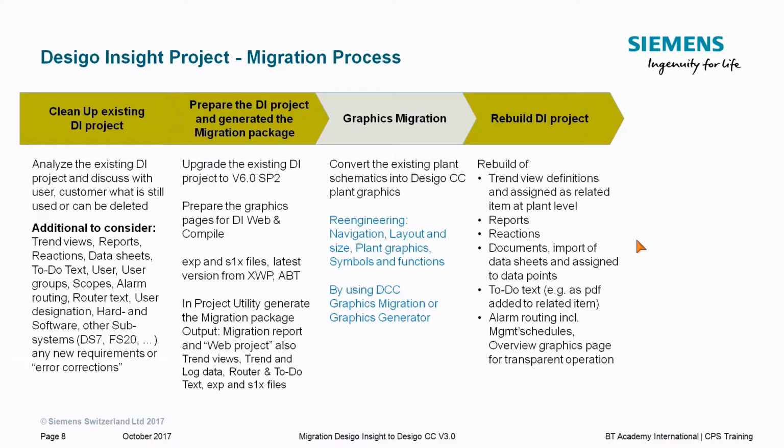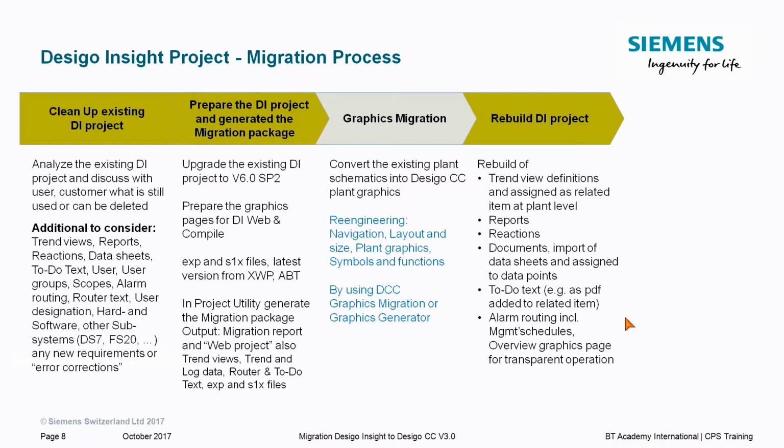You have to rebuild trend view definitions, reports, reactions. Meaning reports, show the customer, of course, the reports which the Desigo CC already offers. If he has some customized reports, he might also customize them by themselves in the Desigo CC. So reactions, documents import, and so on.